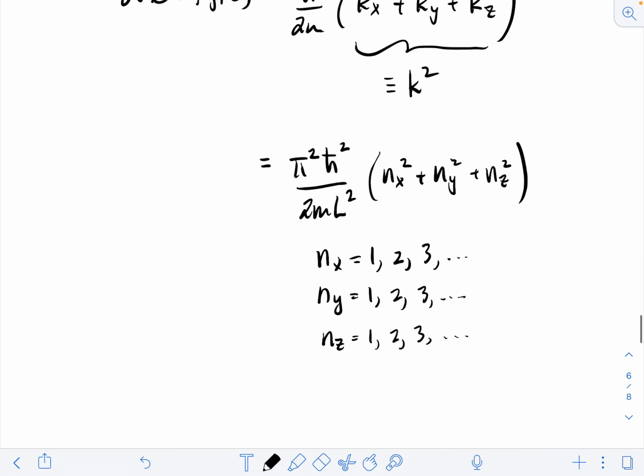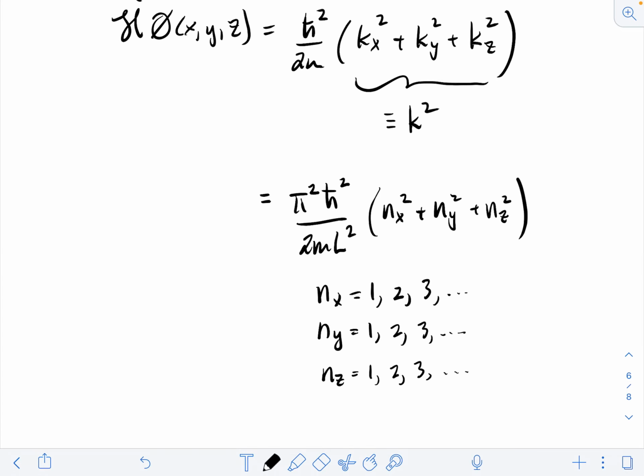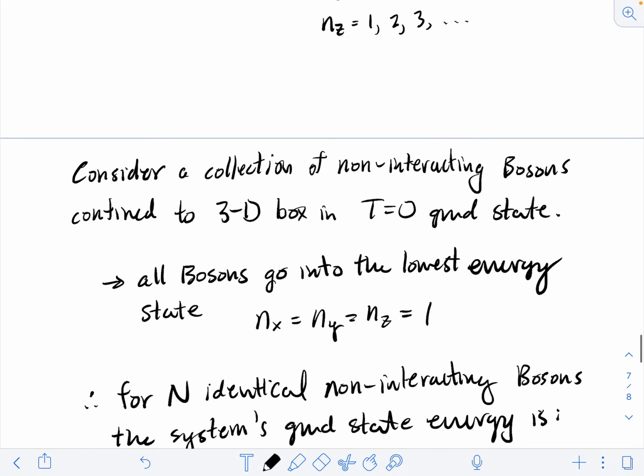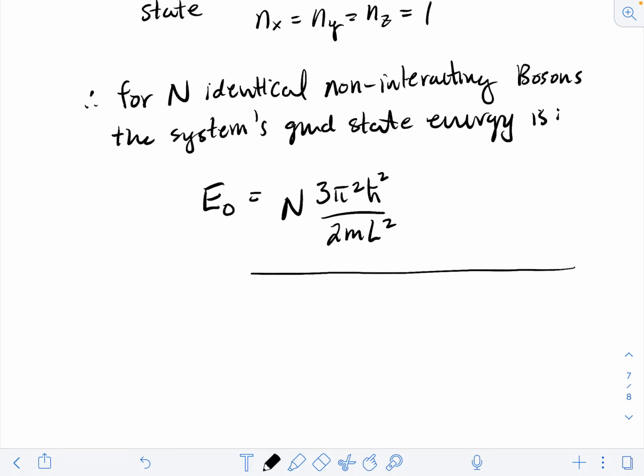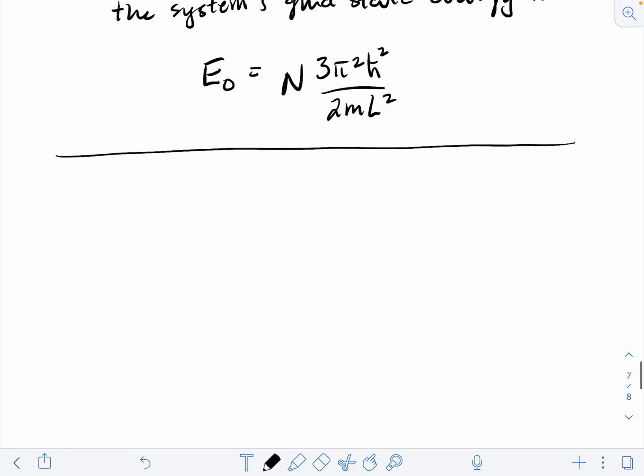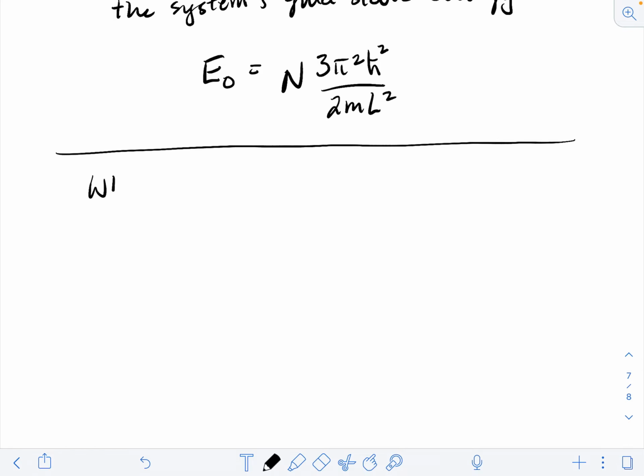Every particle's in the ground state, and so nx squared is 1, and ny squared is 1, and nz squared is 1, and so we just get 3, and so we have 3 pi squared h bar squared over 2mL squared. That's the energy of each particle in the system, and so if there's N particles in the system, N times that would be the ground state energy of the system. Okay, so that's relatively easy.